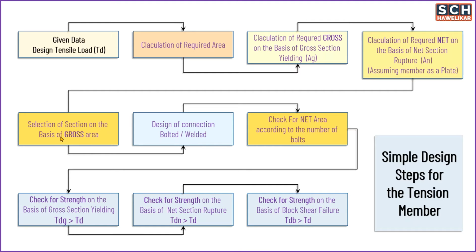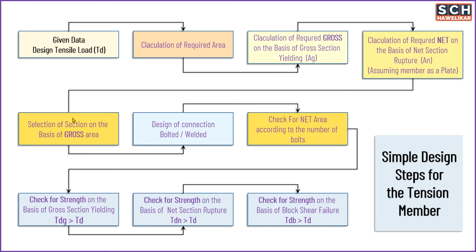After selecting that section from the steel table, we need to keep in mind that at this stage, when we are calculating the required area, that may be gross area or net area, we don't know the section, so here we are using the basic formula for the calculation of the required area, whereas we need to provide a check on the basis of the actual formula. So we will see how it is.